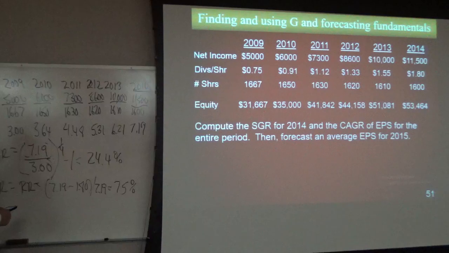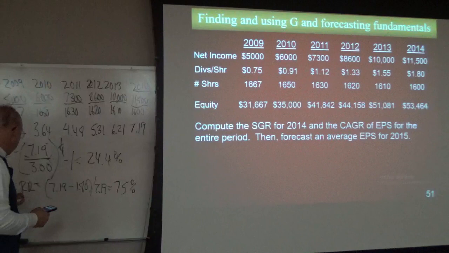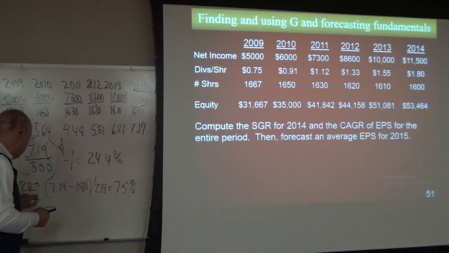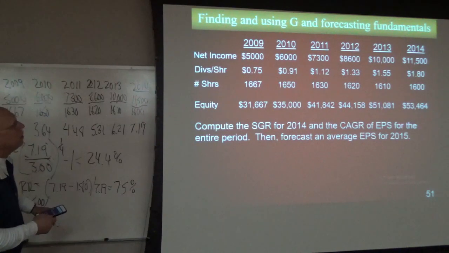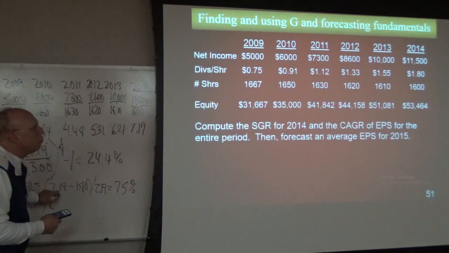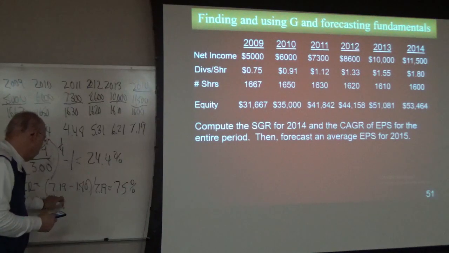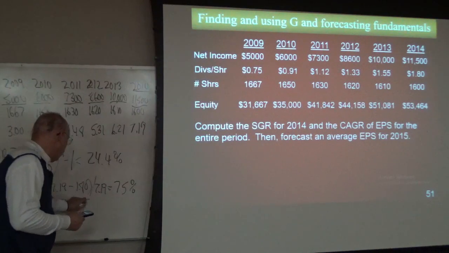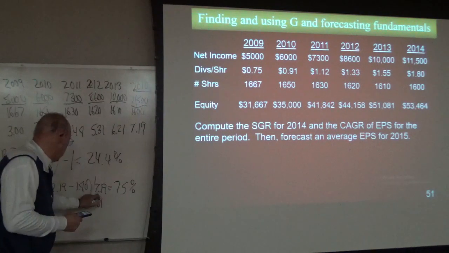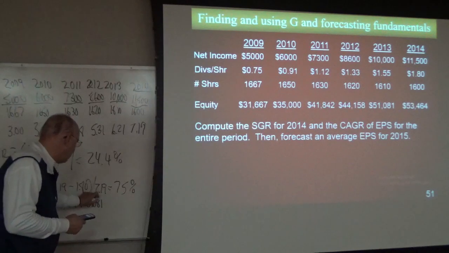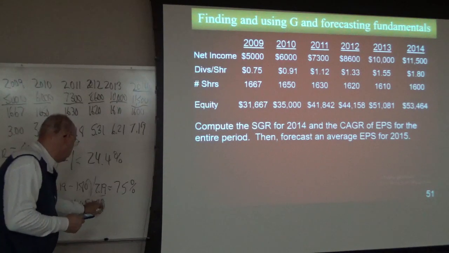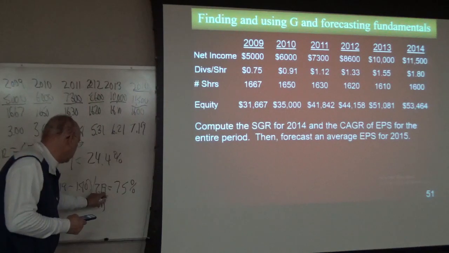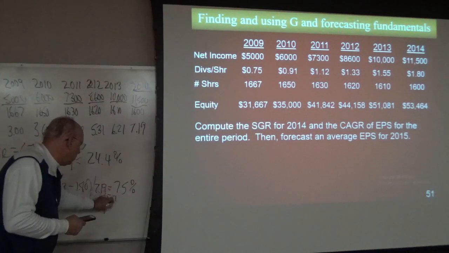Okay, and let's find return on equity. Return on equity is 11,500 divided by our ending equity 53,464 plus our beginning equity of 51,081 divided by 2.